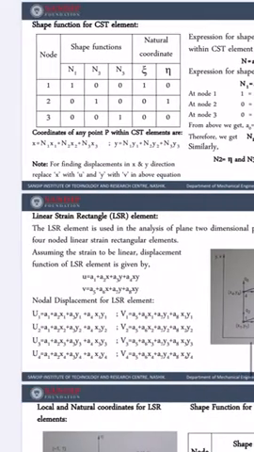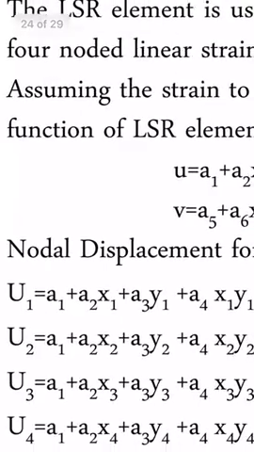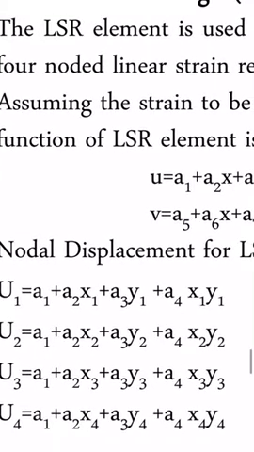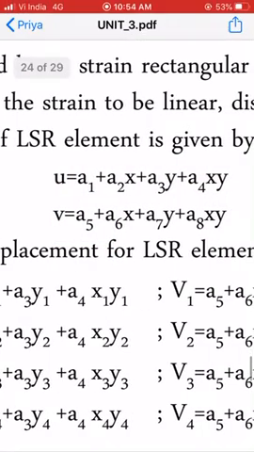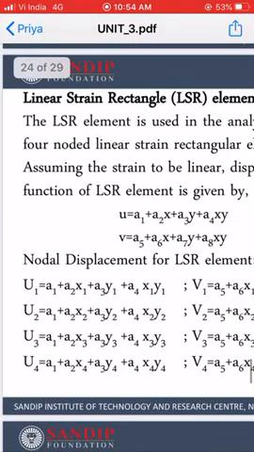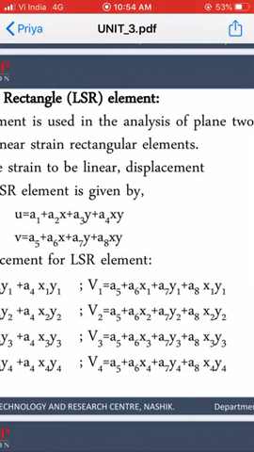Similarly we can write the nodal displacements for the LSR element. By using the u and v values, U1 is equal to A1 plus A2x1 plus A3y1 plus A4x1y1. Similarly, using the small v value, V1 can be written as A5 plus A6x1 plus A7y1 plus A8x1y1, because for the first node the coordinates are x1 and y1.